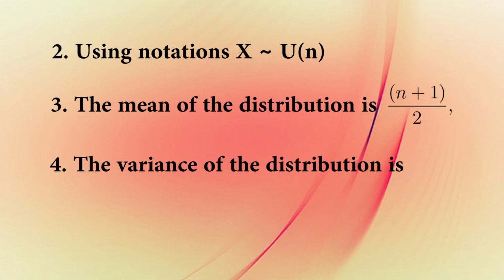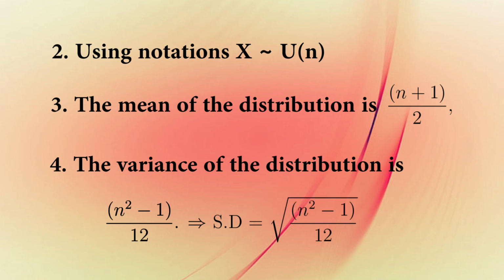The variance of the discrete uniform distribution is (n square minus 1) by 12, which implies that standard deviation is equal to square root of (n square minus 1) by 12.